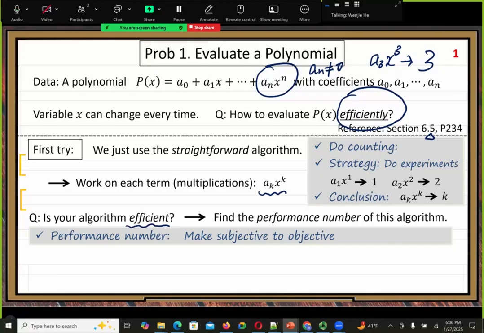Because when you say efficient or not without any measure, it's subjective, right? Without measure, it's subjective. So you want some objective way to measure the efficiency. So the question is, how to measure that efficiency?